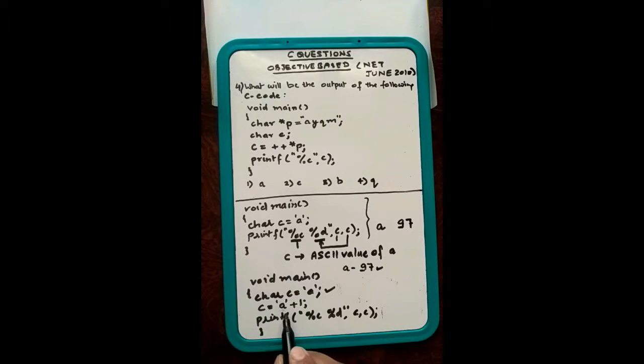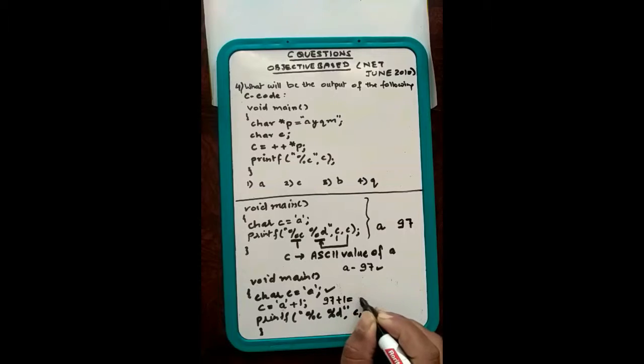That means we are incrementing the ASCII value of a by 1. The ASCII value of a is 97, and it is incremented by 1, so it will come out to be 98, and 98 will be assigned to c.